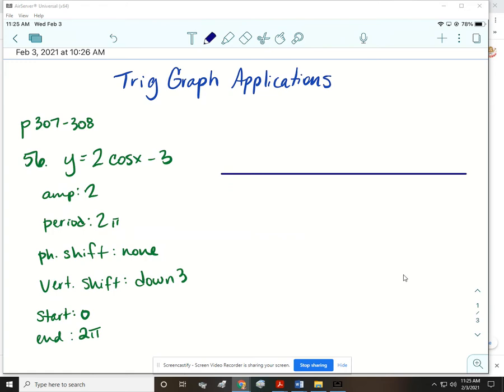Now this one is shifted down 3, so it's going to be a little different. 0 is the starting point, so that should be in the middle, which is where the y-axis is. Now I'm going down pretty low on the y-axis. I know it's down 3, so I'm going to go 1, 2, 3. And that is where I'm going to draw a little dashed line as a guide. So that's going to be the baseline of my graph.